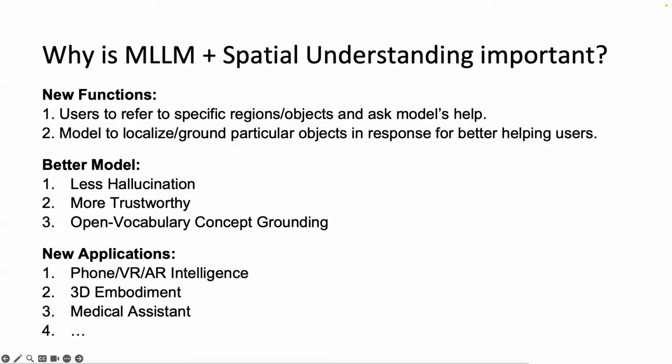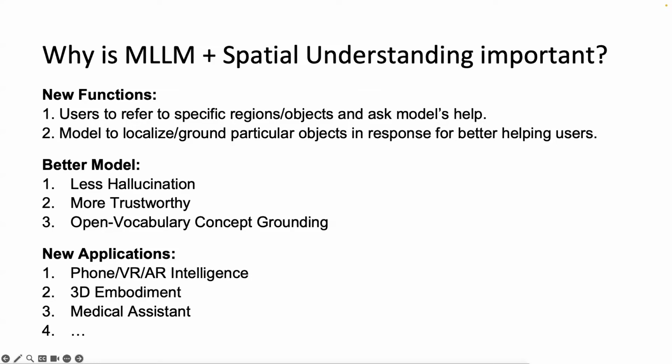Also, sometimes the textual output is only plain text, and we don't know which object in the image it is talking about. So we also need the models to localize or ground particular objects in the response, to help the user find them or to guide them.